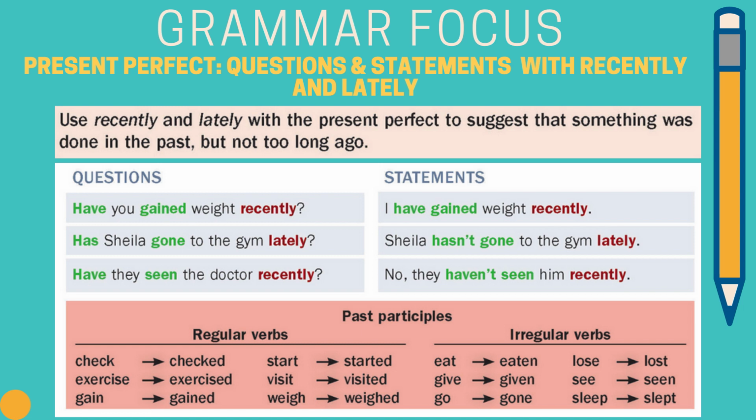So remember, I have, you have, they have, we have. But she has and he has. So look at that pronoun before you write your question. Again, it will start with either have or has. Let's look at the questions now.